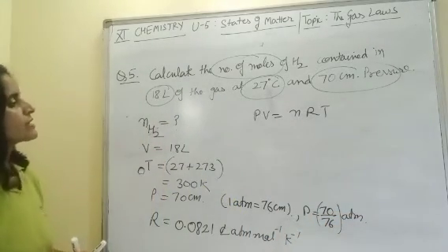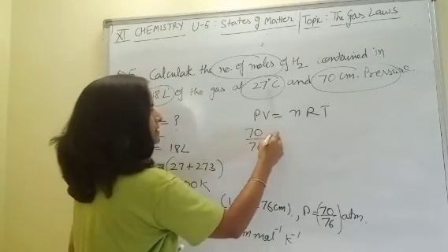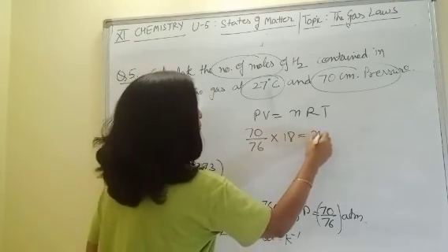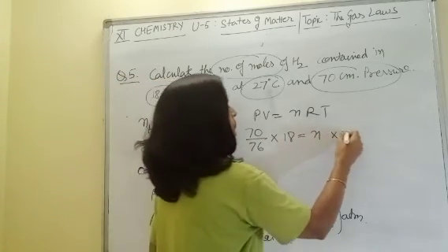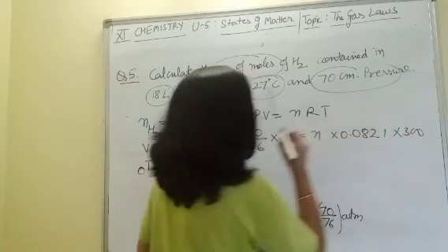Right? Now substitute the values. So pressure 70 upon 76, into volume 18. Number of moles we have to find, R is 0.0821 and temperature is 300.